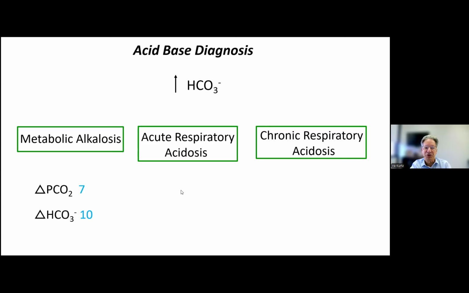In an acute respiratory acidosis, the PCO2 is also elevated, but the bicarbonate goes up 1 for every 10 increase in the PCO2. And if we keep hypoventilating from the initial hypoventilatory response, we'll find that for the same change in the PCO2 of 10, the bicarb goes up another 2.5, so the total increase is 3.5.